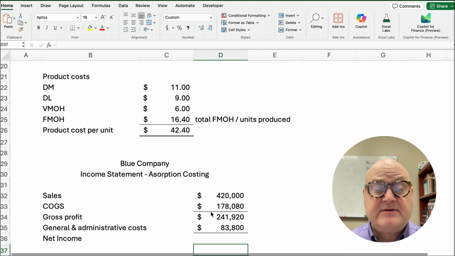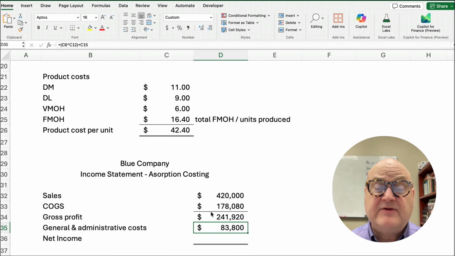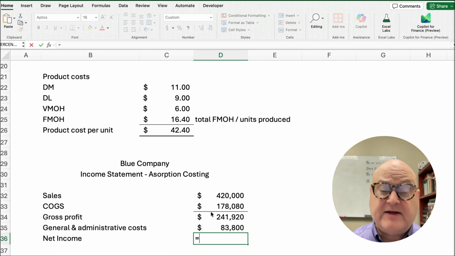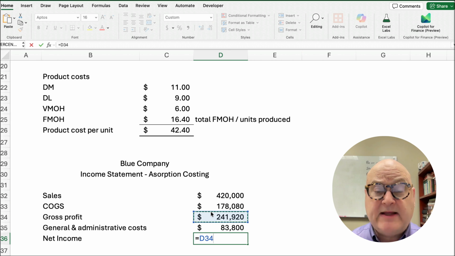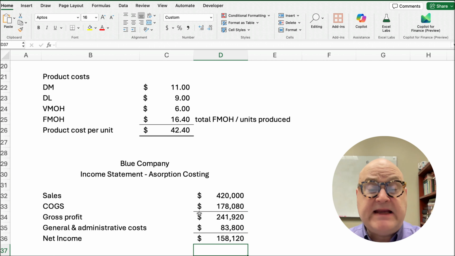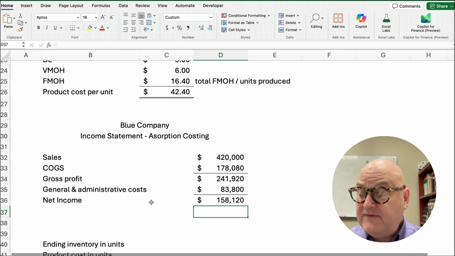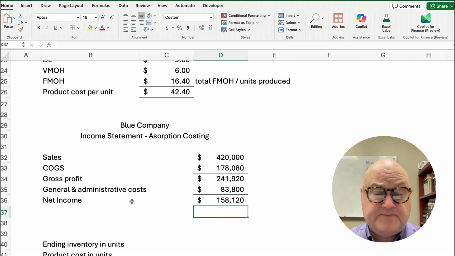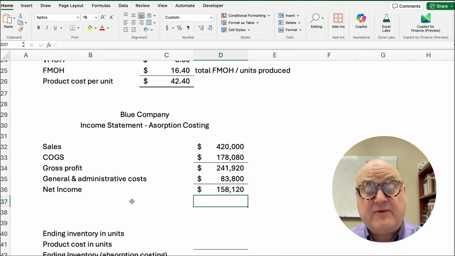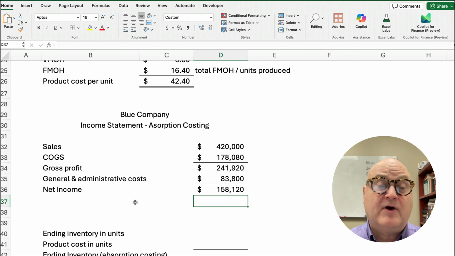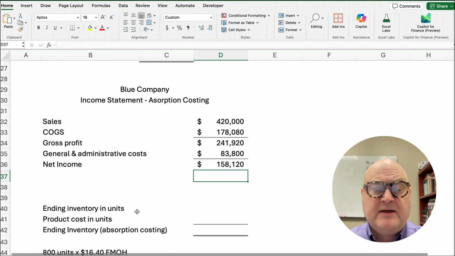So our general and administrative expenses are going to be $83,800. So we take $241,920 minus $83,800, and we're going to have net income of $158,120. It's a little higher than what the previous net income was under variable costing, and we'll explain that in just a minute.